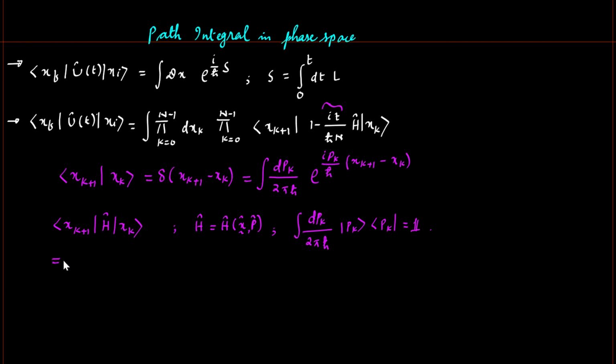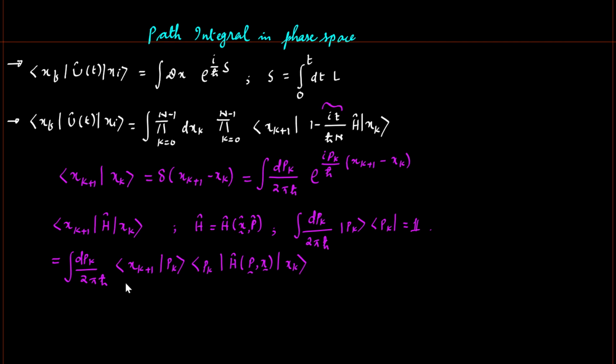Now if I put this expression into this equation, it looks like the following: the integral of dp_k divided by 2πħ of ⟨x_{k+1}|p_k⟩⟨p_k|H(p, x)|x_k⟩.